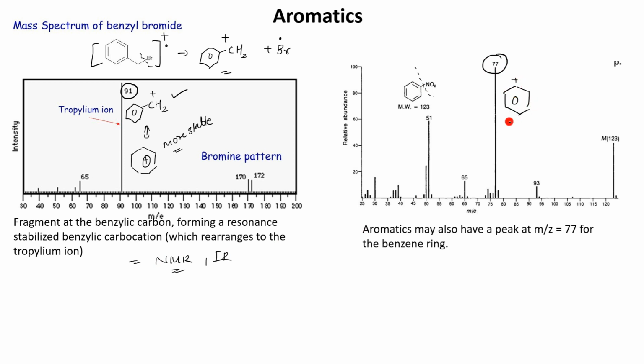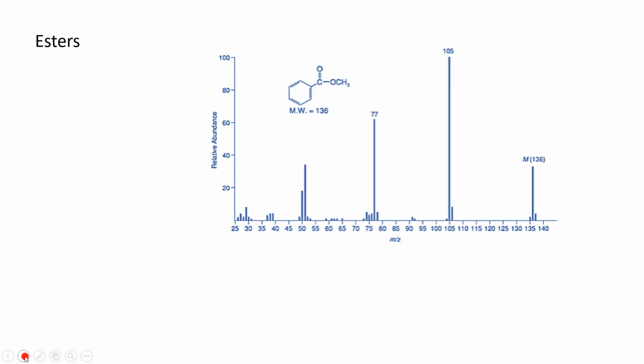If you have a 77 peak in your structure, it is a phenyl ring, that is C6H5. This ring is always there. So when a researcher looks at the spectra and there is a 77 peak, identification becomes very easy, because it is always about a benzene ring.